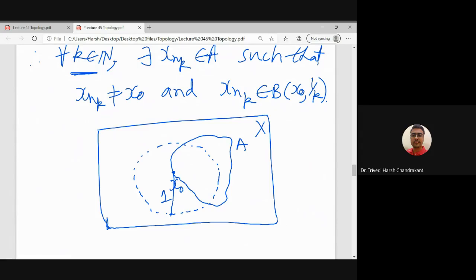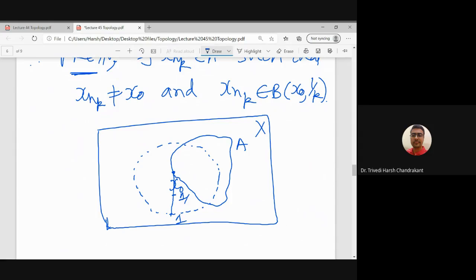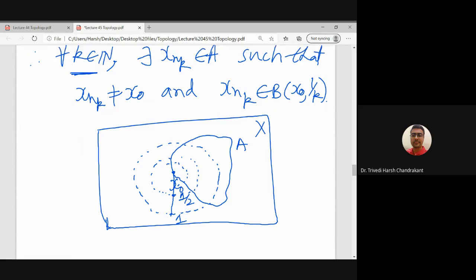Now suppose I take length 1 by 2. So this is 1, this is 1 by 2, that will be half of this length, right? And then I consider 1 by 3. So I'm considering the small balls around x naught, and what I'm getting is xn_1 belongs to this, then I will get xn_2 belongs to this set, then xn_3 is here, and so on.